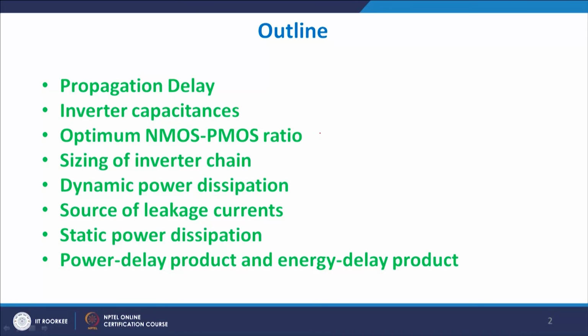For that we require knowledge of capacitances and resistances, and therefore this module is dedicated to finding out the basic inverter capacitances, and on which factors they depend. We also look into the optimal value of the NMOS to PMOS ratio.